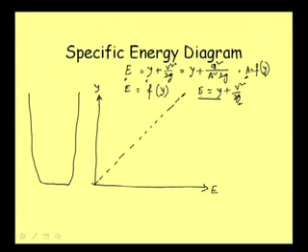So in our specific energy diagram, the curve of energy E versus depth y, when E is equal to y we get this line, but E is actually something more than y. So it will always be on the right side of this line, because E is y plus something. And then if we plot this curve, we will get a line like this.